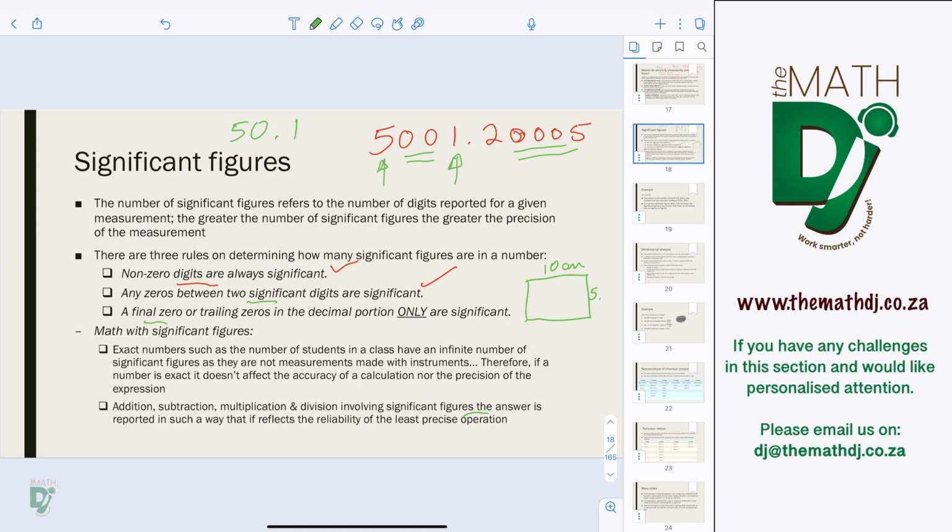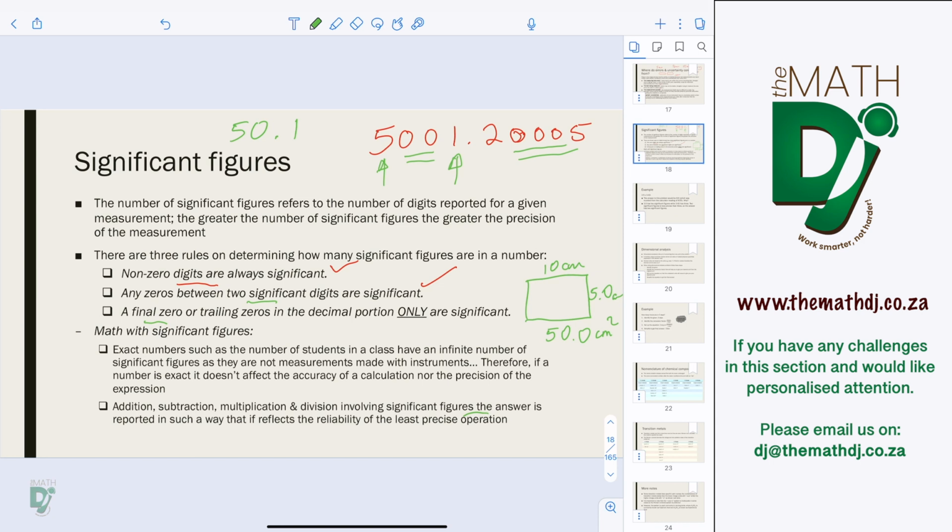You get 5.0 centimeters. So if you are asked to calculate the area, it's 10 times 5, which is 50.0 square centimeters. That's what most people do. But according to the laws of significant figures, you only use the least precise. 5.0 is precise because you used a more precise measuring instrument.